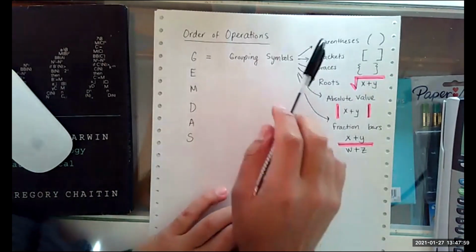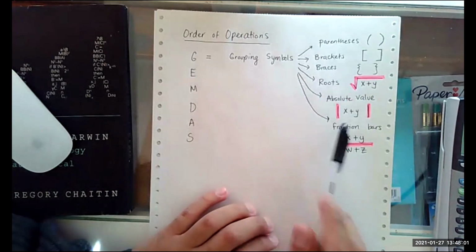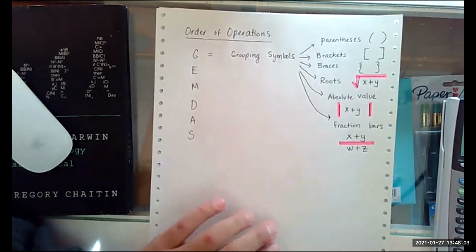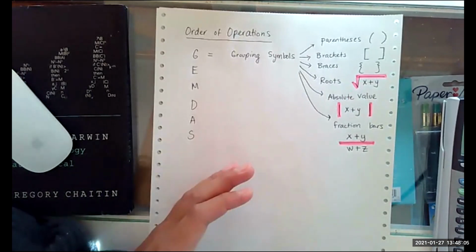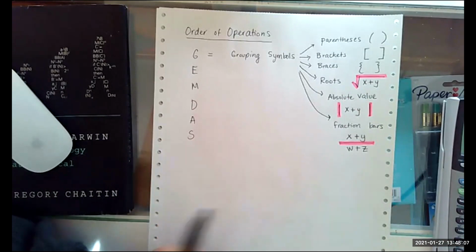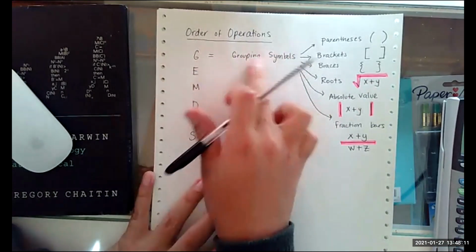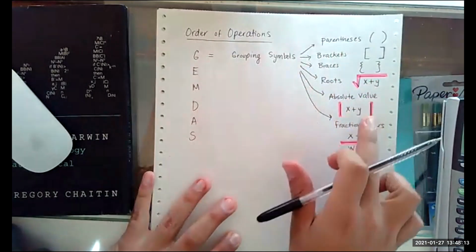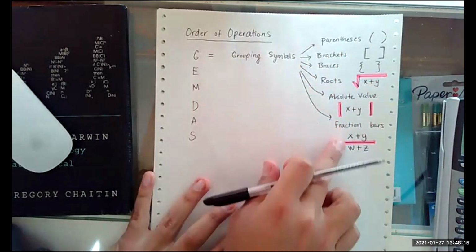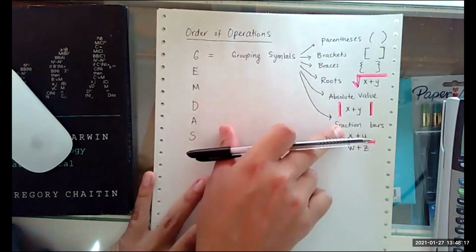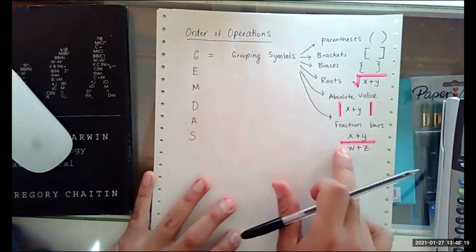So there's at least 1, 2, 3, 4, 5, 6 different kinds of grouping symbols that you need to be aware of because you're going to run into them in some of the more complicated problems. So we have to start with whatever's inside the grouping symbols first. As far as fraction bars, when I say inside the grouping symbols, I mean whatever's on top and whatever's on bottom.